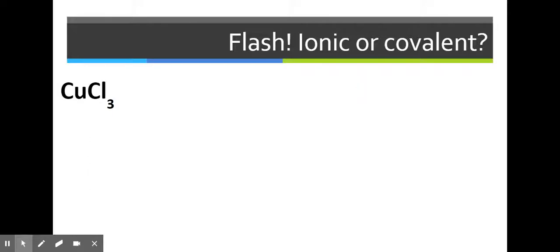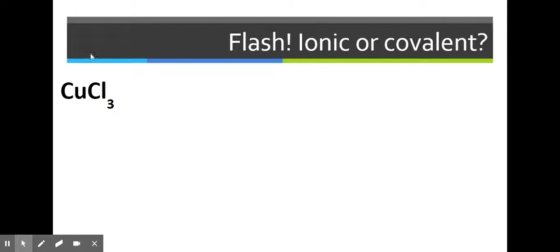What about copper chloride? So we're really getting the hang of this.